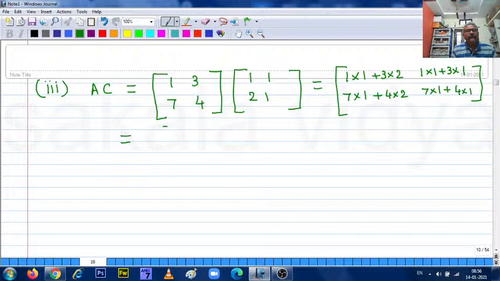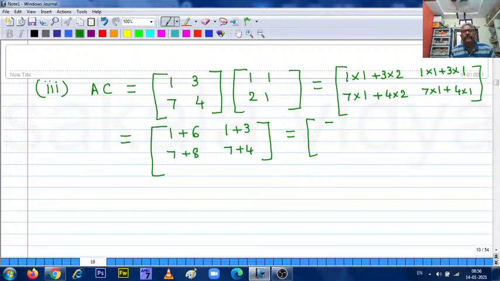This equals 1 plus 6, 1 plus 3, 7 plus 8, 7 plus 4. This equals 7, 4, 15, 11. Am I correct?